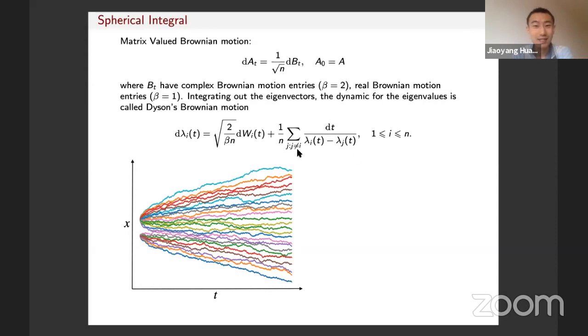When two eigenvalues get close to each other, this drift term makes them repel each other, so the eigenvalues will not intersect. In fact, in the special case when beta equals 2, this is also Brownian motions starting from A, conditioned to be non-intersecting.